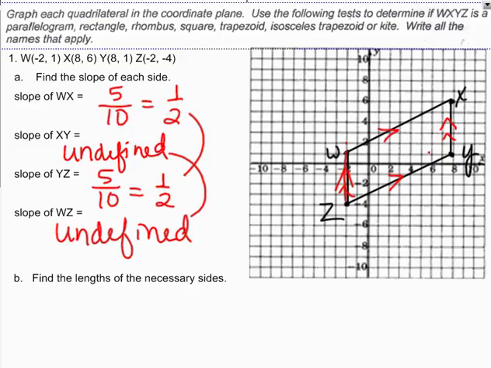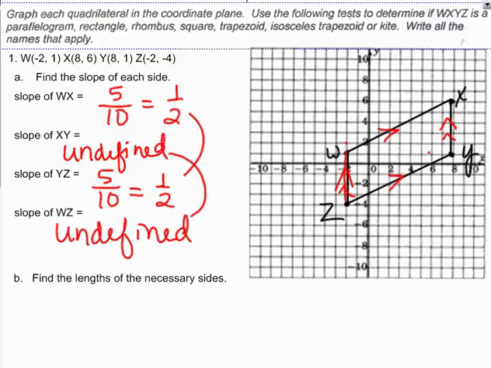And we know for sure that we don't have a rectangle or a square because we don't have perpendicular slopes. If we had perpendicular slopes, then we could probably say that we had a rectangle or a square. We don't have a trapezoid because we have 2 sets of parallel lines. And we don't have a kite because we have 2 sets of parallel lines.